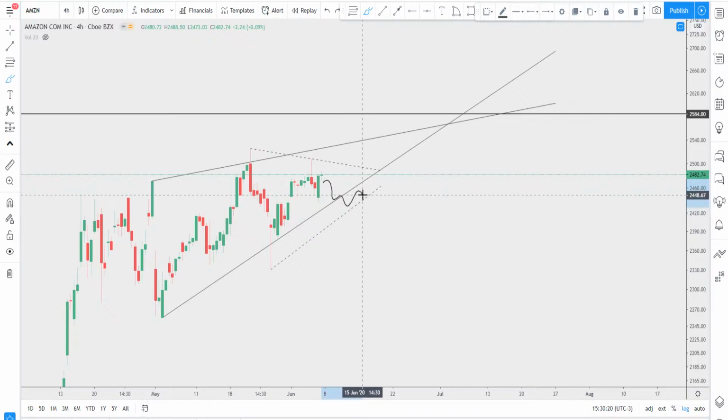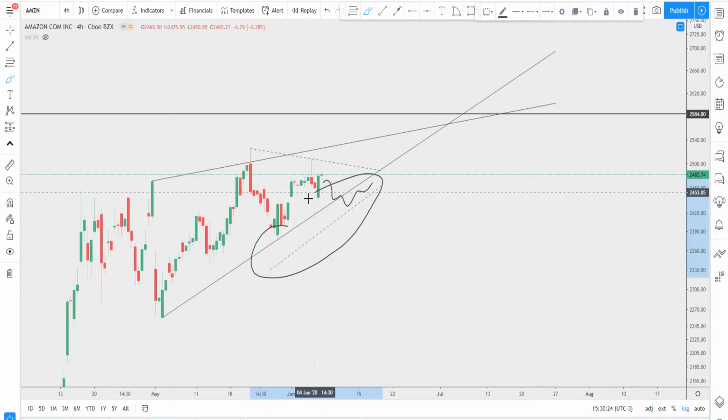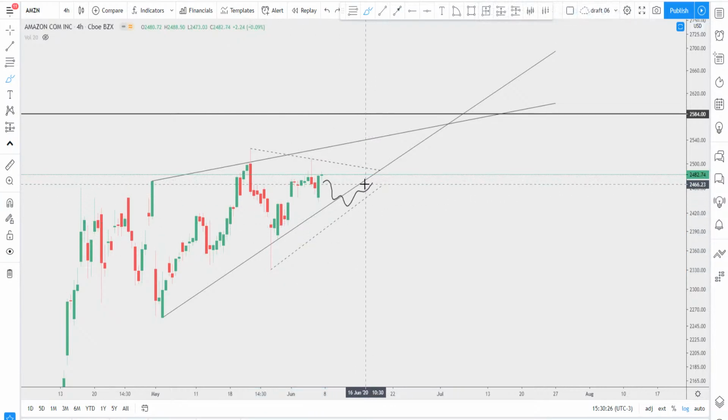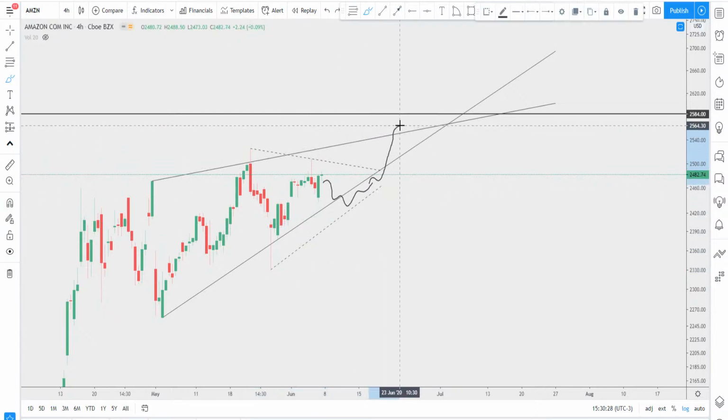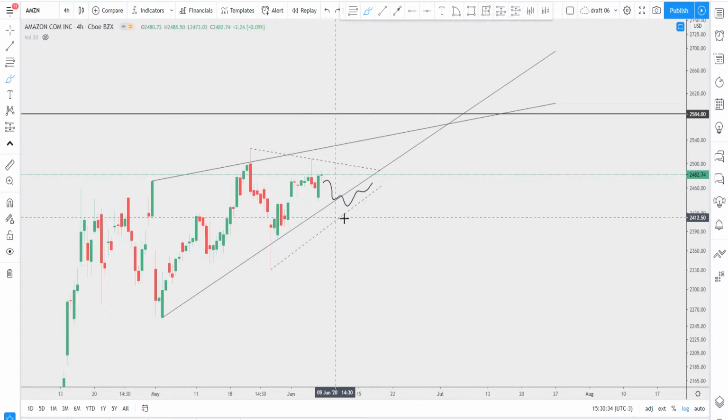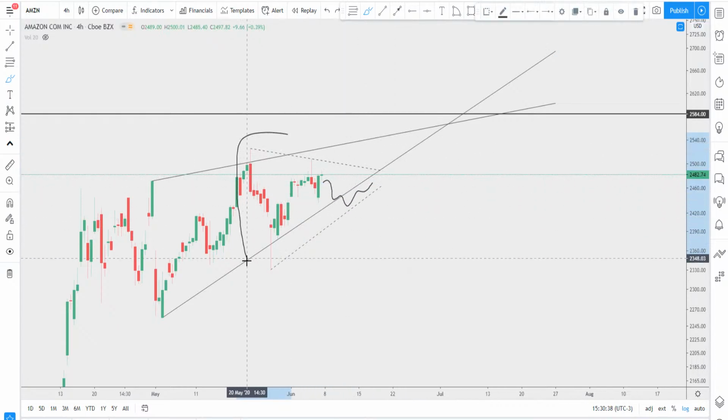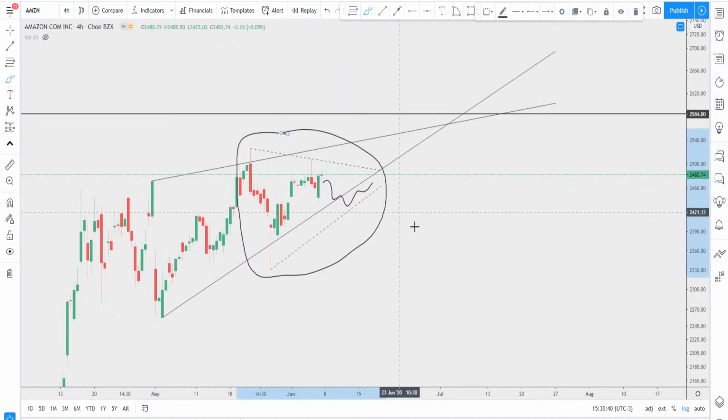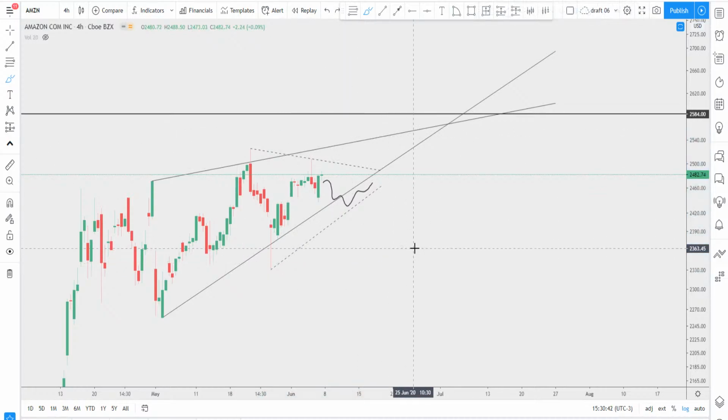Like imagine this is a hidden channel, okay? And from here they will be able to make their bull break. And for this scenario right here, for example, if something like this plays out, we are going to have this structure here confirmed. Okay, so that's just another way to look at things.